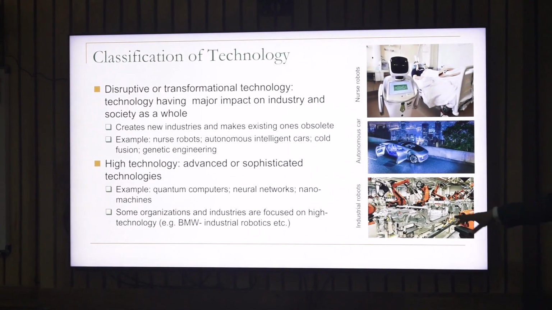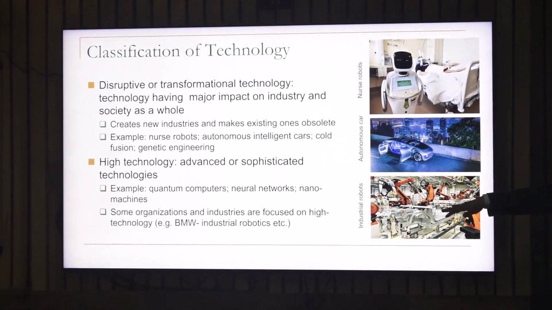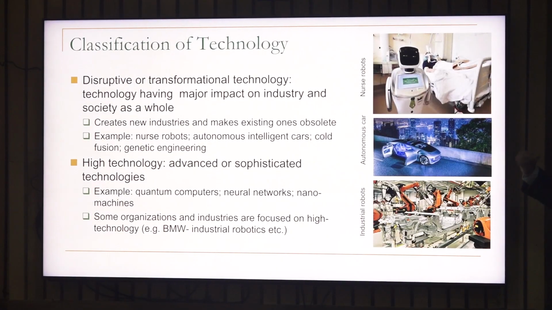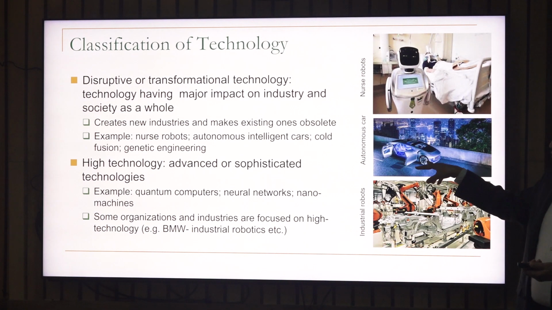We have industrial robots. Almost all manufacturing is through robots. Then we have the autonomous, self-driving car. It has a lot of sensors, and the ability to manipulate that sensed data and take a decision based upon what was programmed, and accordingly that decision is converted into direction and speed.